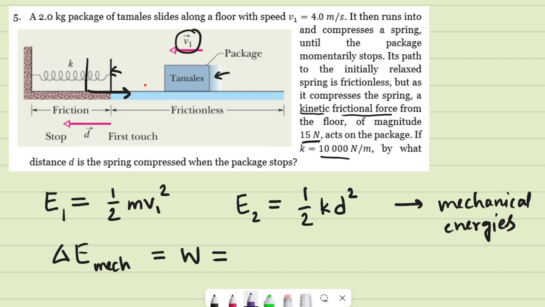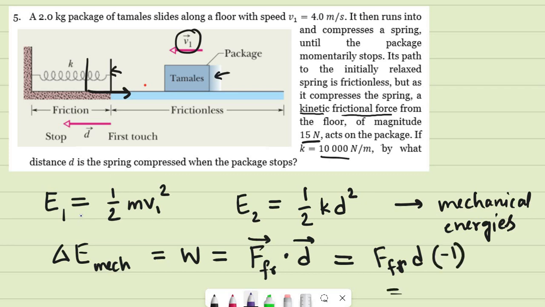That is the friction force dotted with d, the displacement. Since they are in opposite directions, we have F friction times d times cosine of 180 degrees, which is -1.